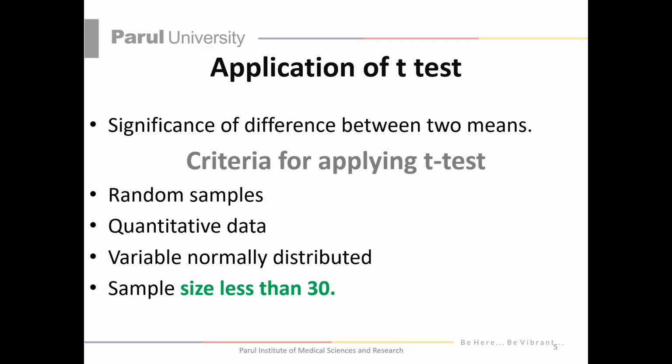The conditions are that your sample is a random sample, your variable is a quantitative variable, the variable is normally distributed, meaning your data needs to follow normal distribution, and sample size is less than 30, meaning if your sample is a small sample, then you can apply t-test.